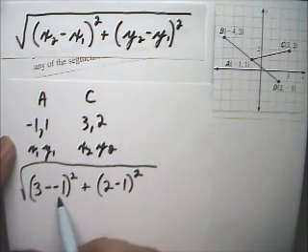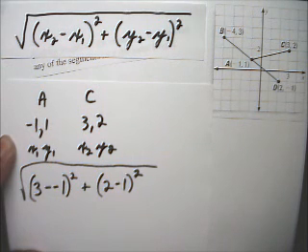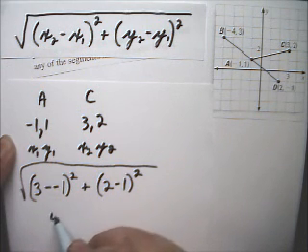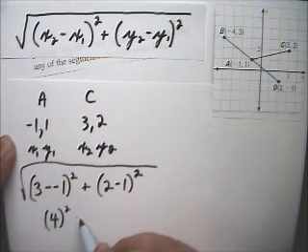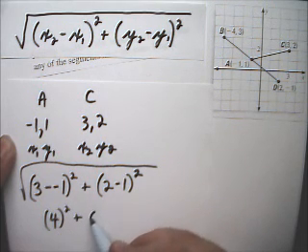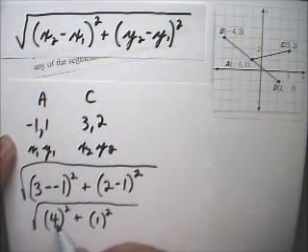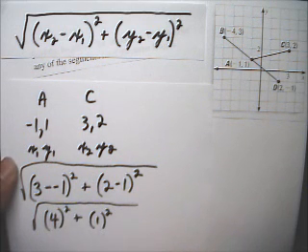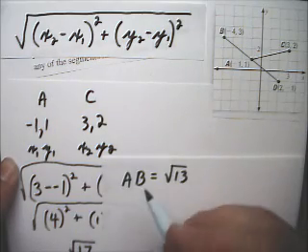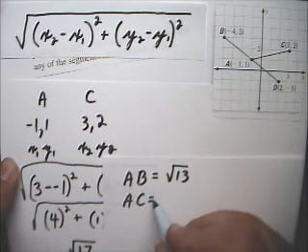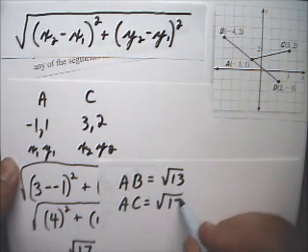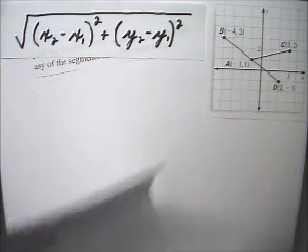So 3 minus a -1, that's 3 plus 1, which is 4. So here I'll have 4 squared plus 1 squared. 4 squared is 16 plus 1 is 17. So this is the square root of 17. So AC is the square root of 17.